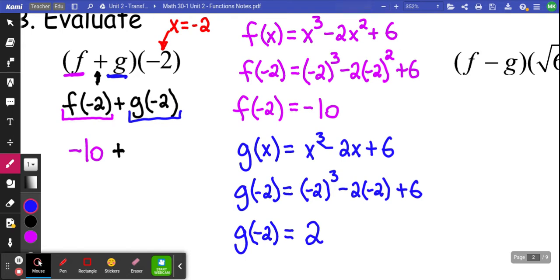Oh my gosh. I wrote 16 minus 6. That would be one. Back to the original question. That means this is 2. So really what they're asking you was -10 plus 2. The answer would be -8.